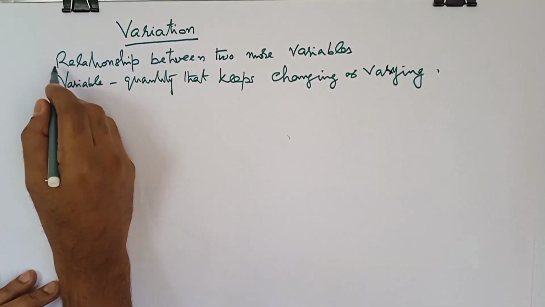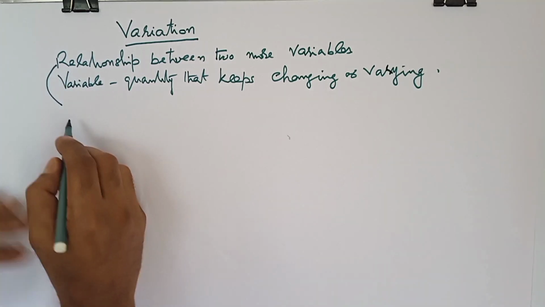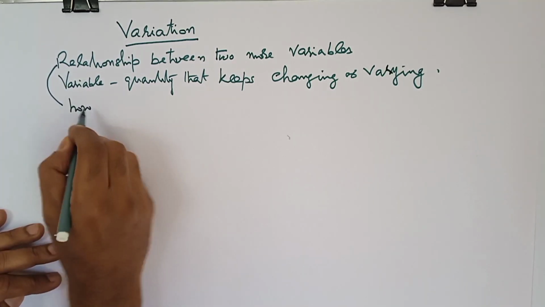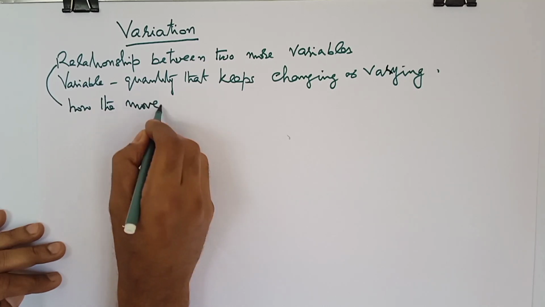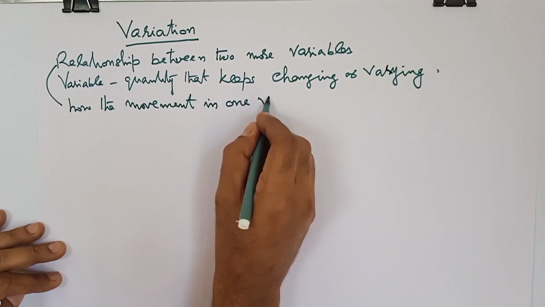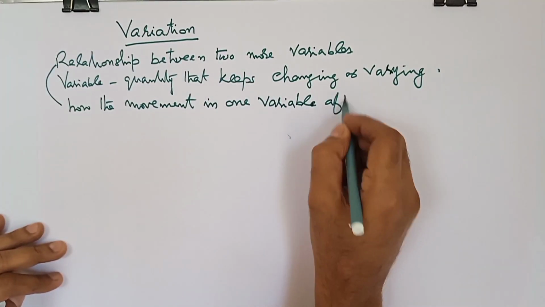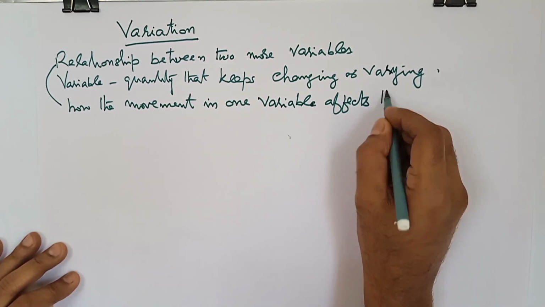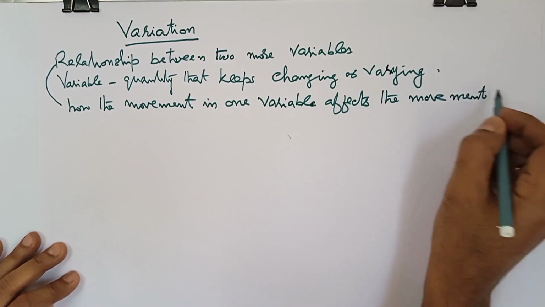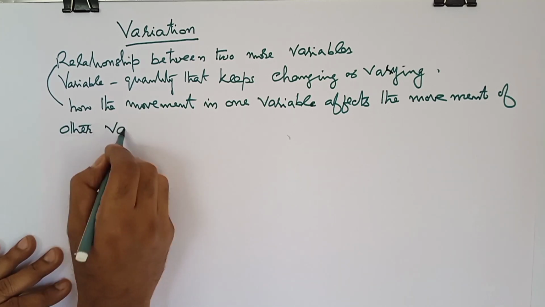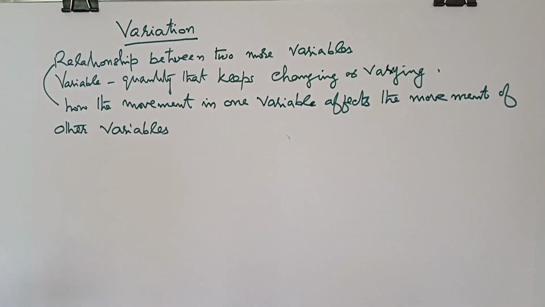Basically, variation is about how the movement of one variable affects the movement of other variables.